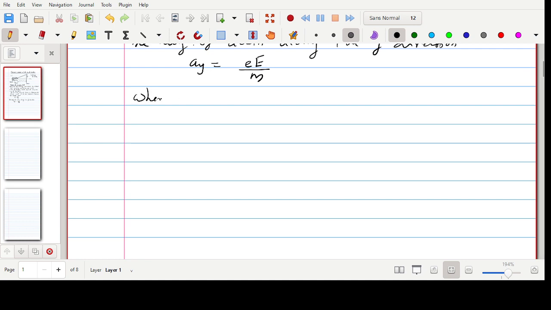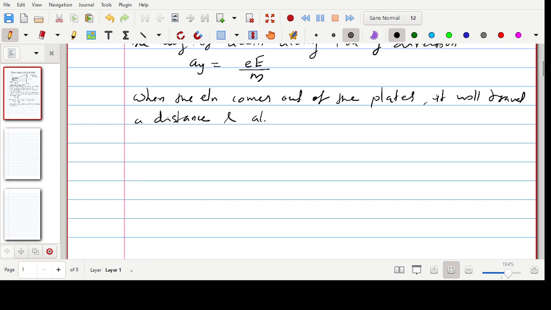So when the electron comes out of the plates, it will travel a distance L along horizontal direction and y1 along vertical direction.